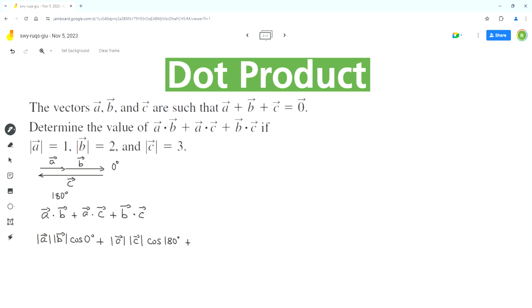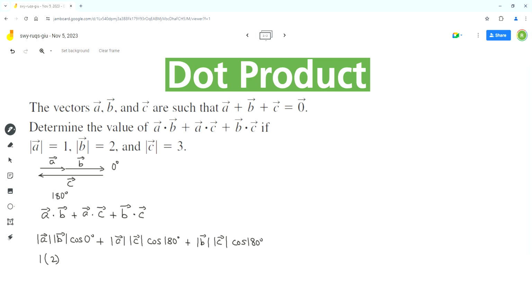Now we can use the dot product equation for vectors B and C. And the angle between vectors B and C is also 180 degrees because they are pointing in opposite direction. Now we can use the values of magnitudes of A, B and C.